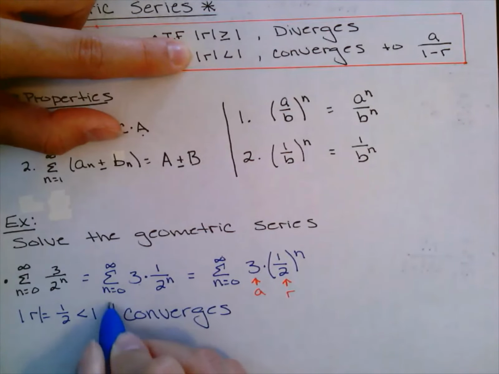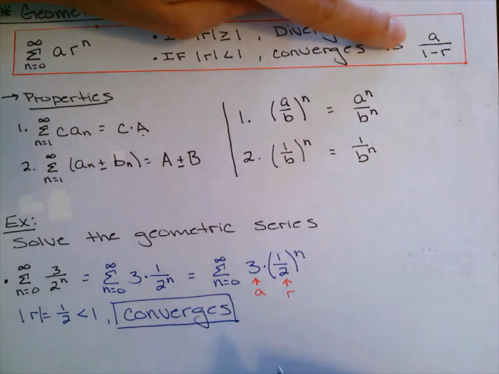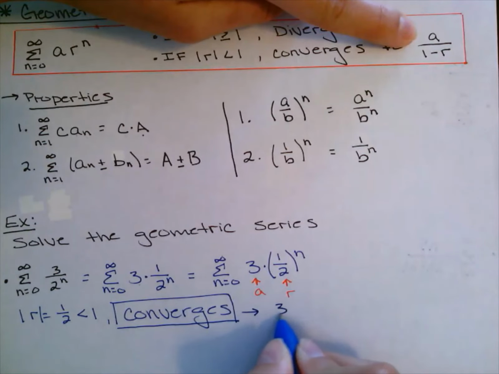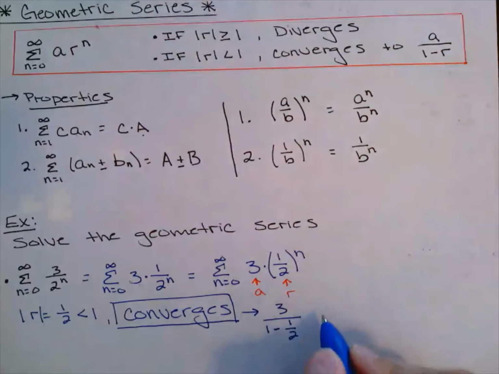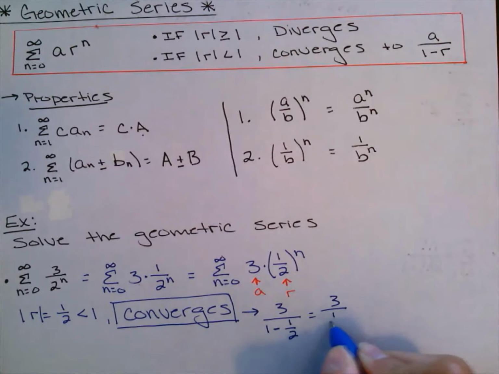Not only can I determine that it converges, but based on the geometric series, I can even find out what it converges to. And that would be A, which is 3, over 1 minus R, which is 1/2. So that's going to be 3 over 1 minus 1/2, which is 1/2.